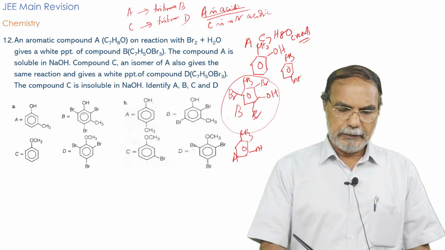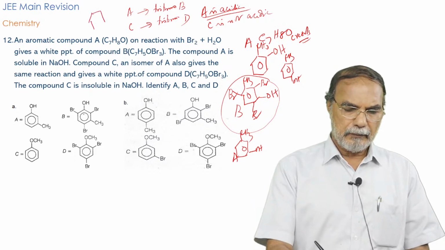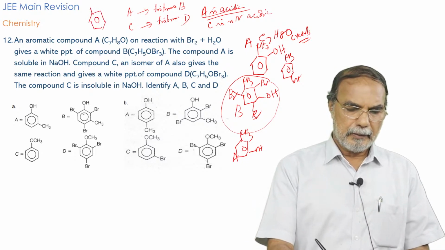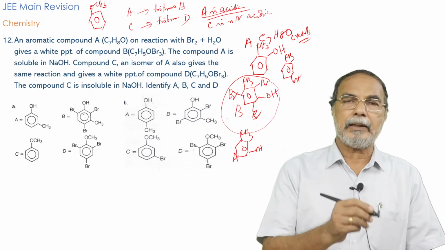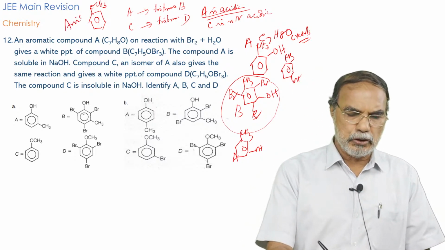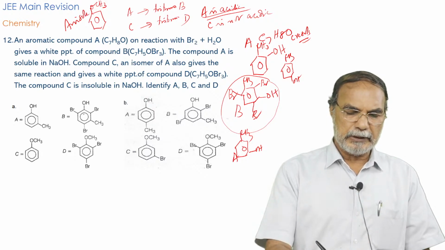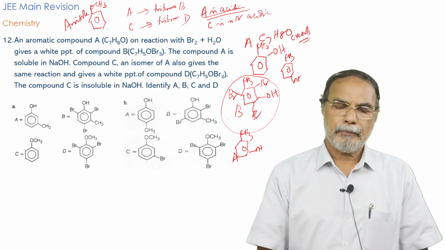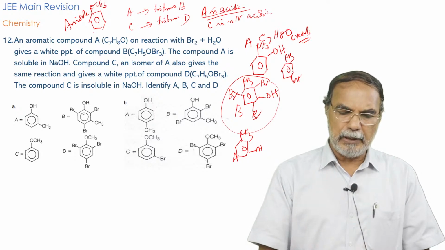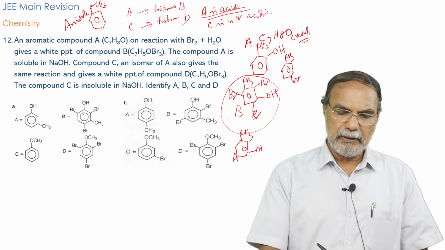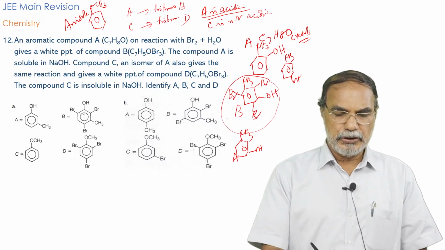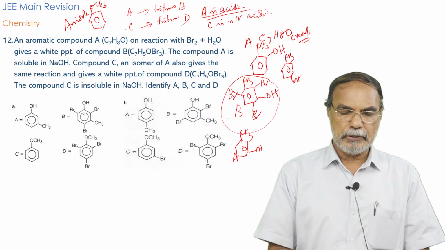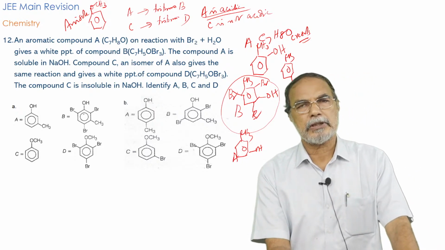Yeah, there is an isomer where it is OCH3, where you have an ether. This ether is what you call anisole, that is methoxybenzene. Methoxybenzene has the same molecular formula, C7H8O. C7H8O is the molecular formula for this compound.